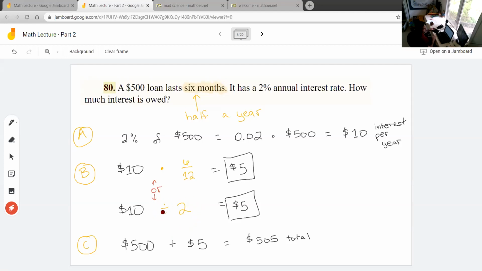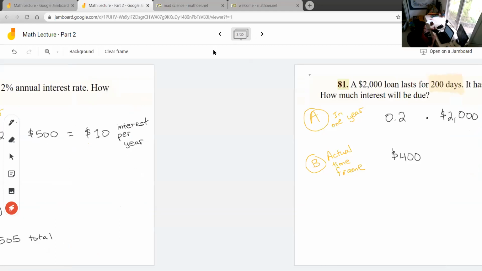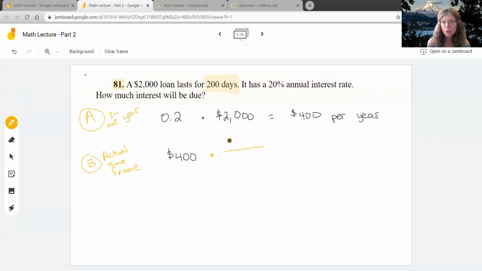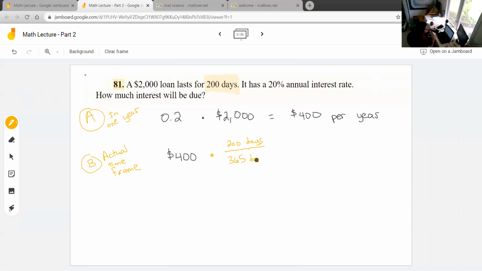It's just hard to take 200 days and know what to divide. So I'm going to use the multiply by a fraction. Instead of 6 months out of 12 months, what fraction do I have? 200 over 365. Everyone happy with that?